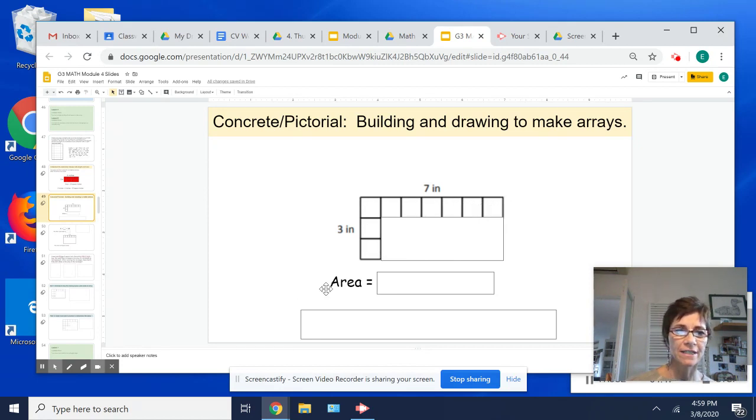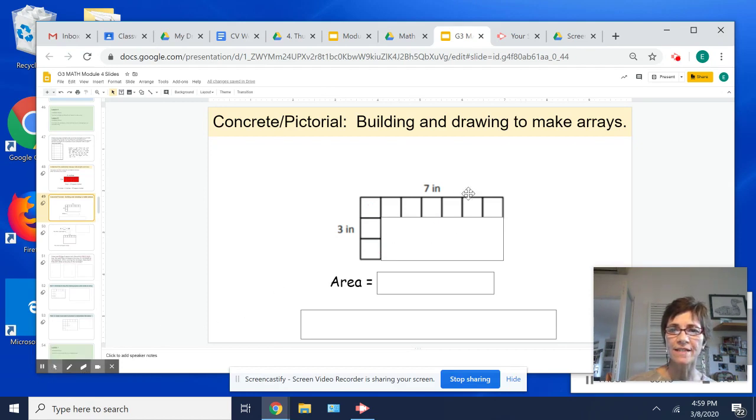You can go on and count the square inch tiles. 1, 2, 3, 4, 5, 6, 7. That's one side, so one side is 7 inches. The other side, remember to count this one again. 1, 2, and 3. So the other side is 3 inches.